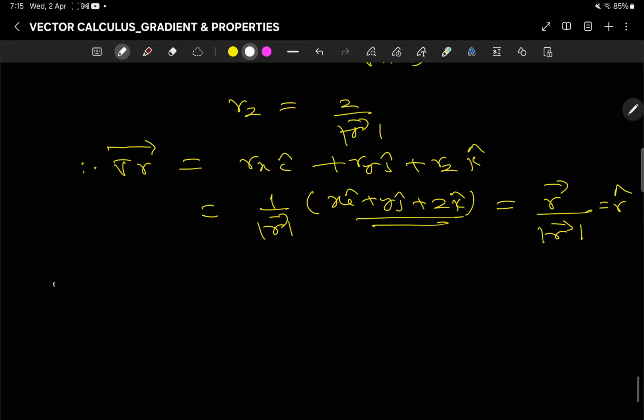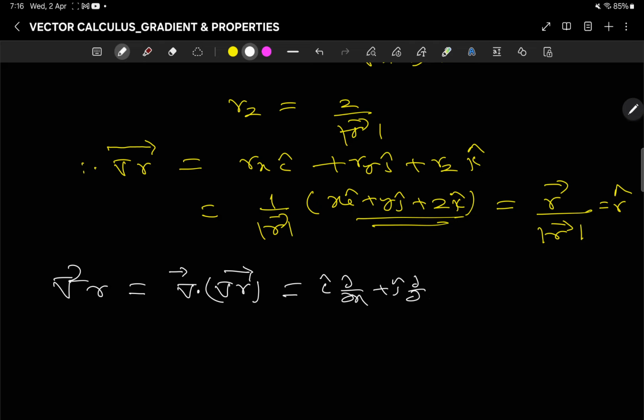Now coming to your del square r. Del square r means del dot del r. Del r is a vector here, so with this it is a dot product. So I can write it as i del by del x plus j del by del y plus k del by del z, dotted with grad r, which is rx i plus ry j plus rz k.